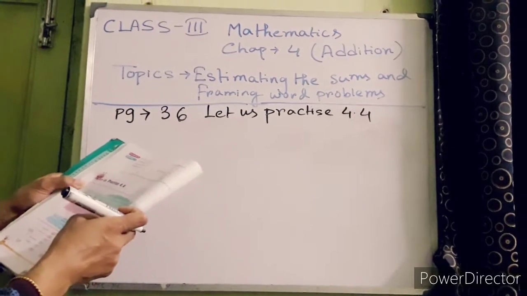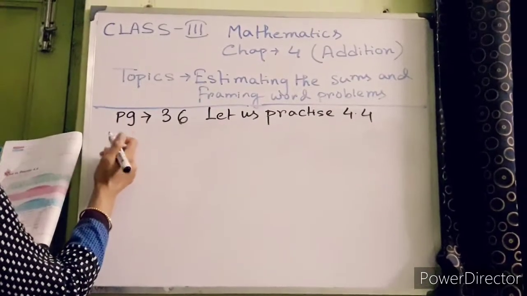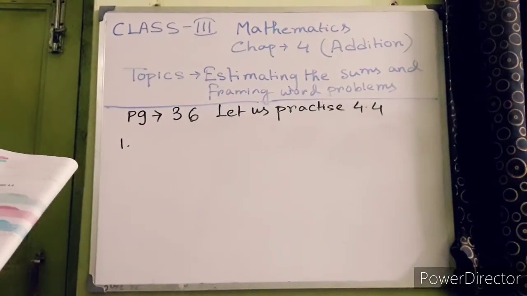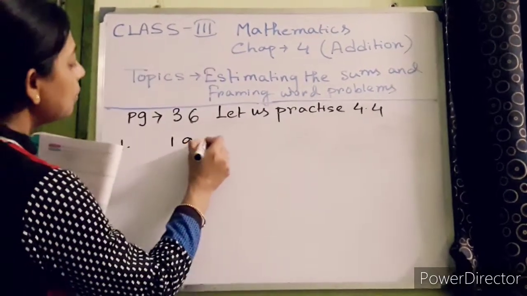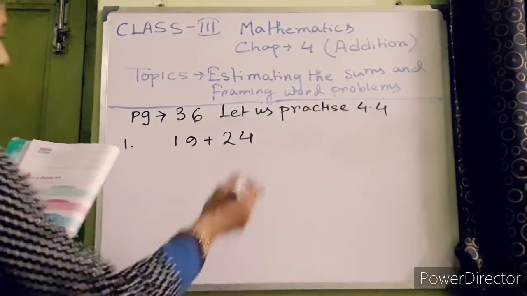Frame a word problem for each of the addition facts given below. Now, number 1, 19 plus 24. You have to frame a problem.